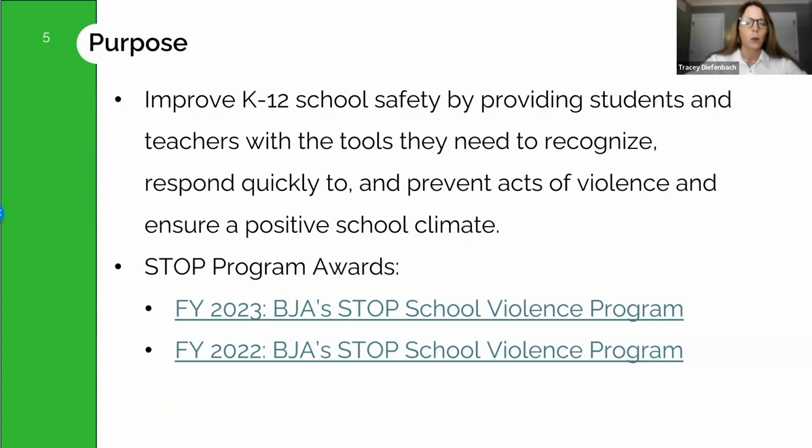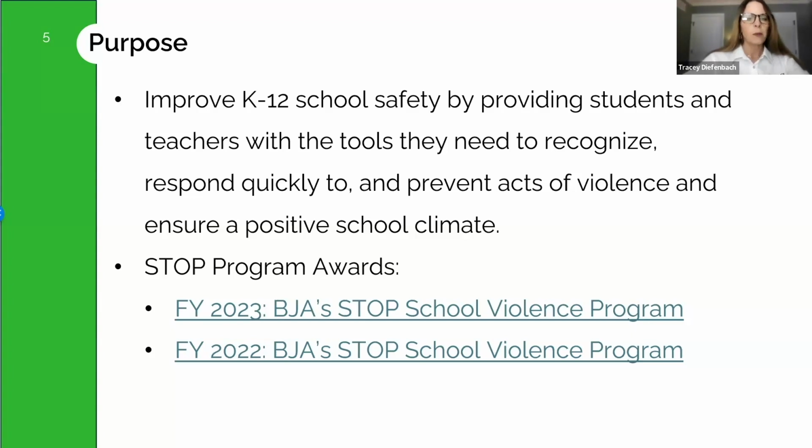The goal is to equip K-12 school safety by providing students and teachers with the tools they need to recognize, respond quickly to, and prevent acts of violence and ensure a positive school climate. The program funds some 460 agencies to implement safety measures in schools nationwide.